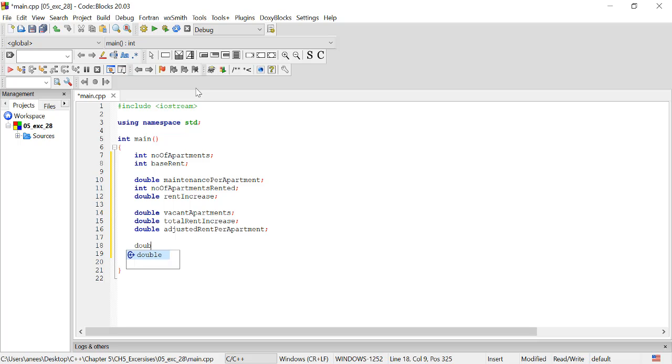Then we can write in double total rent, double total maintenance, and double profit.